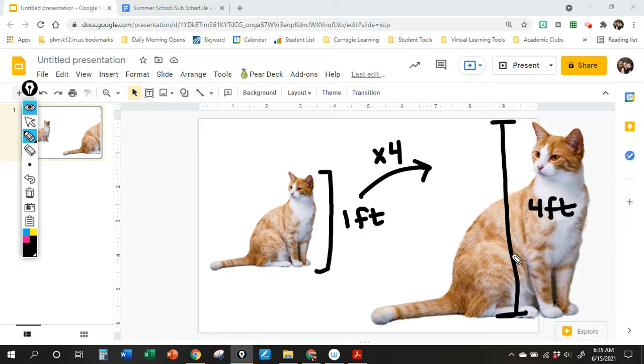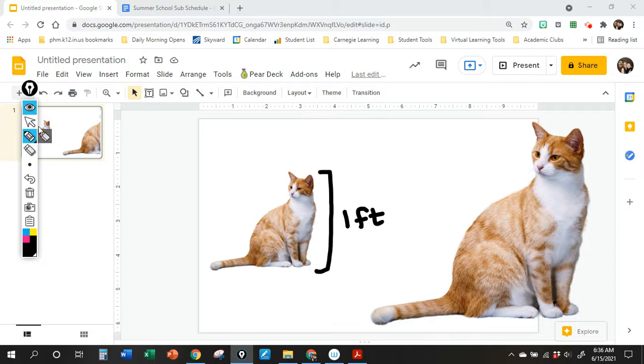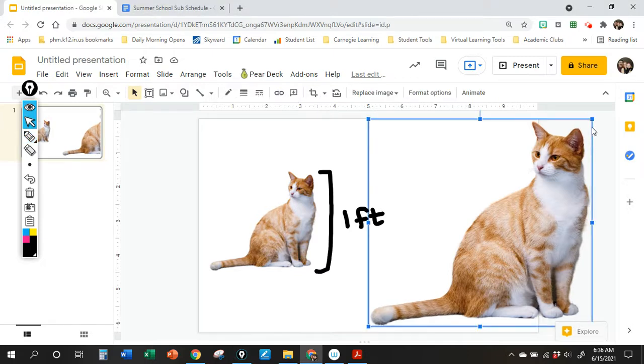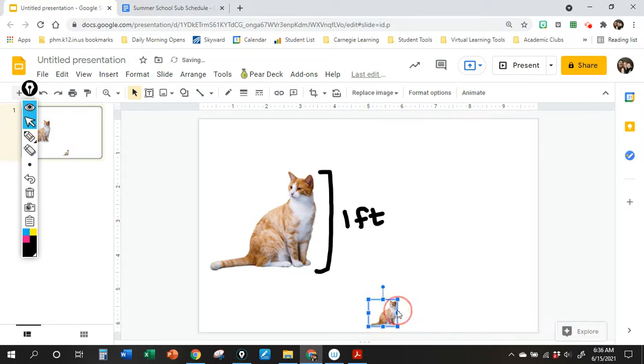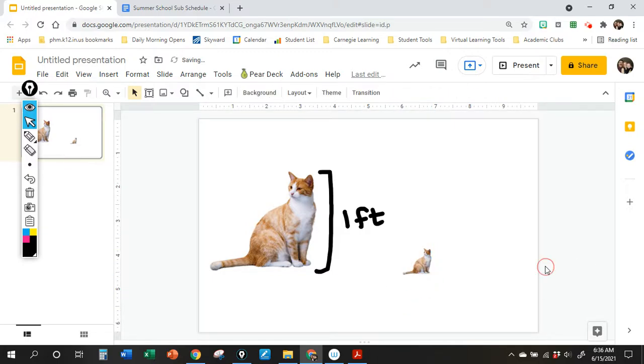Now, maybe you don't want a giant cat. Maybe you want an itty bitty cat. So let's say that this little cat, he shrunk way down. Let's say he's 1/8 of the size.